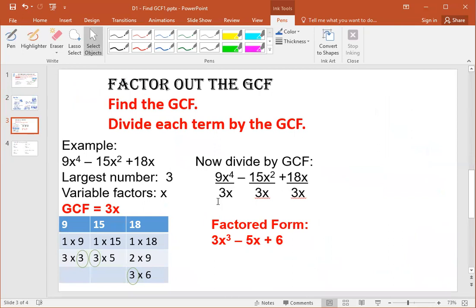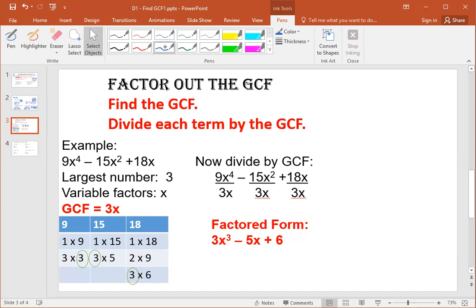All right. Now, the next step, once we find that GCF, is we want to factor it out and tell me what's left. Okay, so finding the GCF still works the same. That's what's in this bottom box. Same thing we just did. But once we find that GCF, which we have identified here as 3x actually, we now have to divide each term by that GCF.